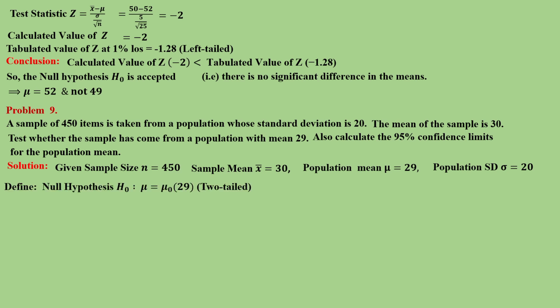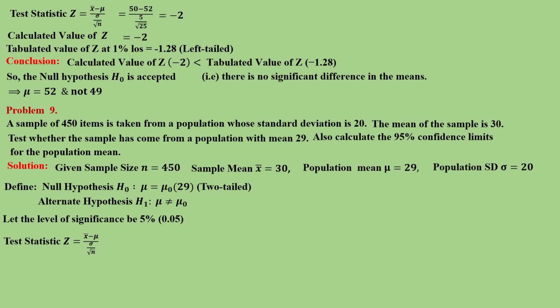So null hypothesis, there is no significant difference, so mu is equal to 29, right? We are using two-tailed, mu not equal to mu naught alternate hypothesis. Level of significance we are taking 5%. So test statistic z is equal to x bar minus mu by sigma by root n, 30 minus 29 by 20 by root 450.